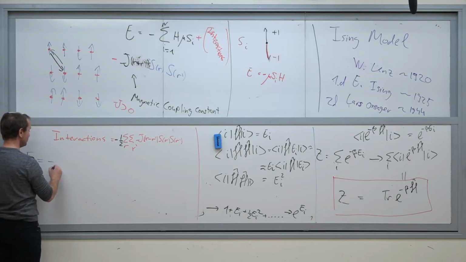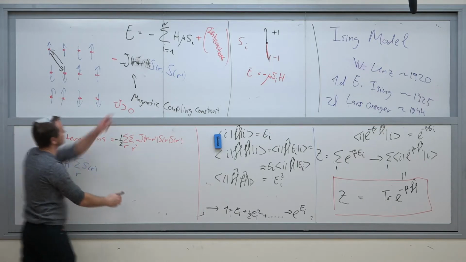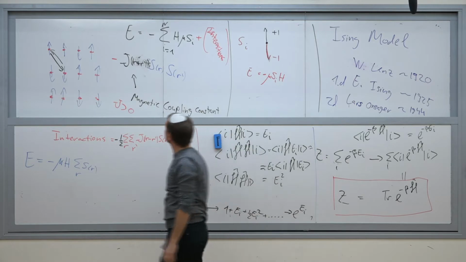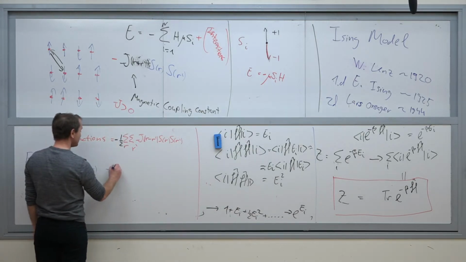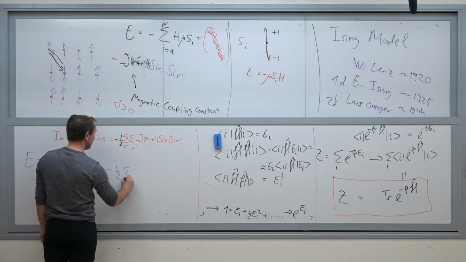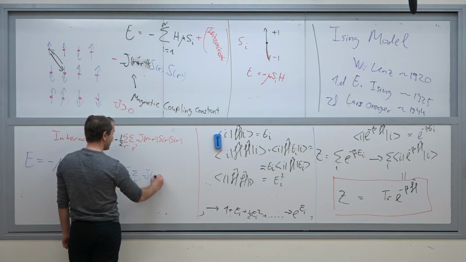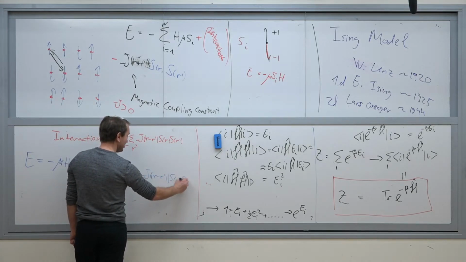First of all, there is mu h, sum over r, S of r. Instead of taking a dummy variable of i, I'm going over r. And there is minus 1/2 a sum over r, r prime, J of r minus r prime, S of r, S of r prime.